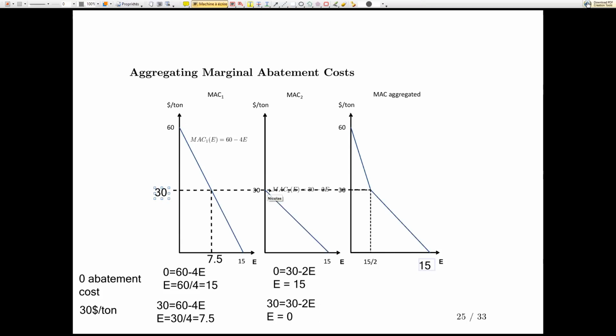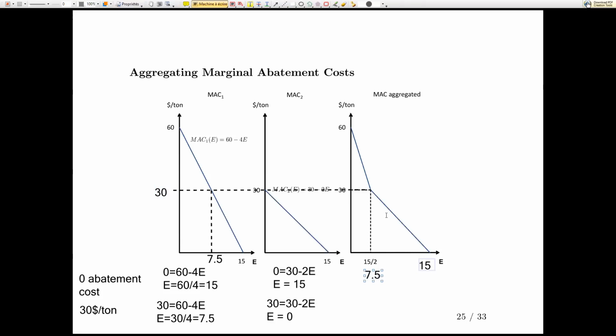And if I set the marginal abatement cost of firm 2 to 30, then firm 2 is going to abate everything. So the sum total of emissions in the economy is going to be 15 divided by 2, or 30 divided by 4, or 7.5. Right.